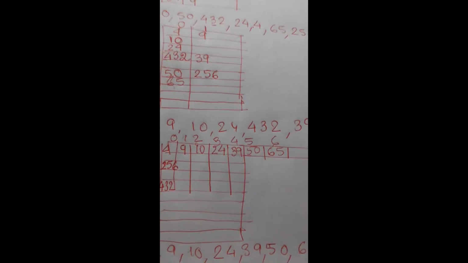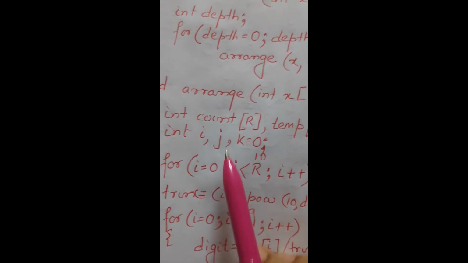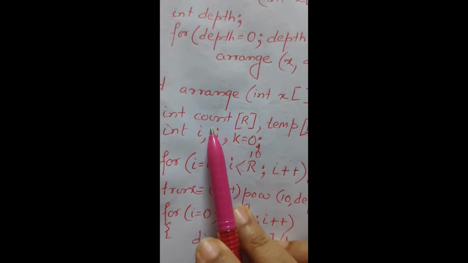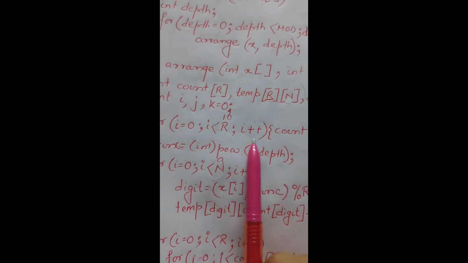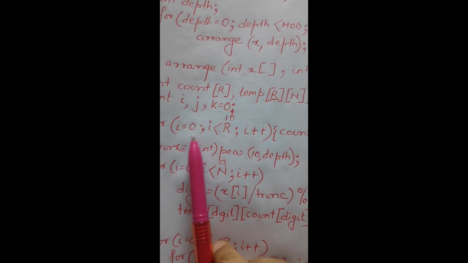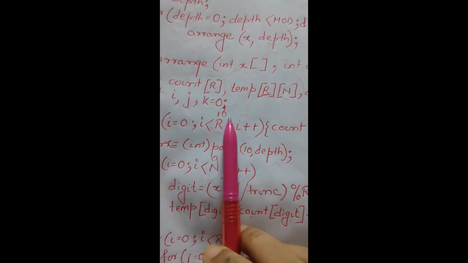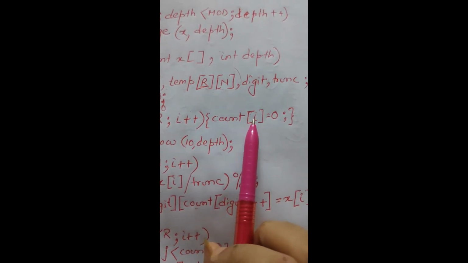For example, in the third iteration, the 0th row has got 7 numbers. So to keep track of the number of numbers in each of the rows, this count array is required. Now how the count array is doing that, I would explain to you as we go through the algorithm, right? So at the very beginning, let's see what is happening. Over here a for loop has been created for i equal to 0, i less than R, that is the number of digits, that is 10, i plus plus, count i equal to 0.